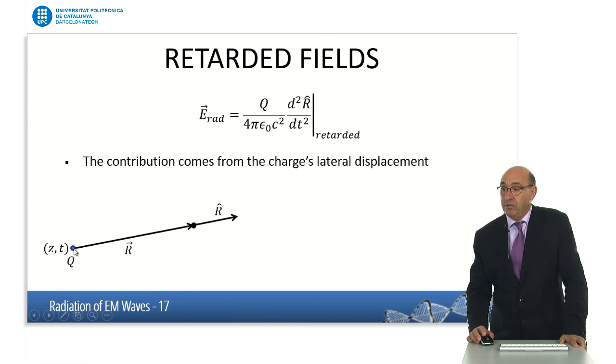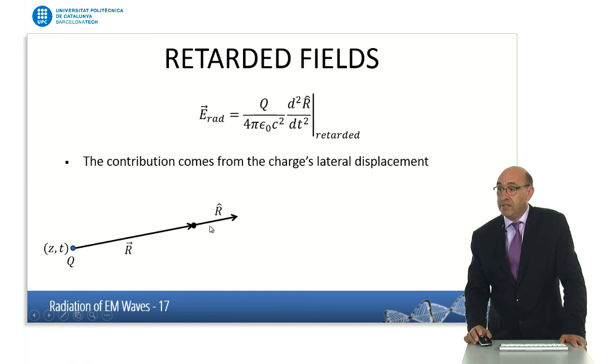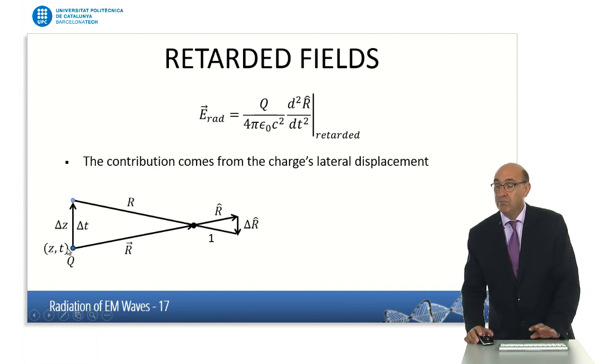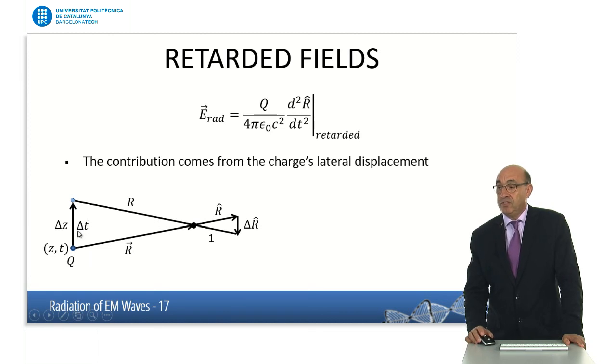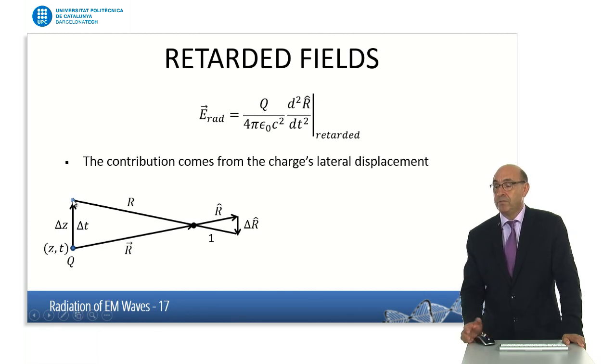So let's assume that the charge is going to move in just one direction. And for simplicity, let's say that the observer is just looking at the lateral displacement of the charge. So the charge is at this point and now moves to this point. That means that in a certain interval of time, it will go along a certain distance. And now the charge is at this point.